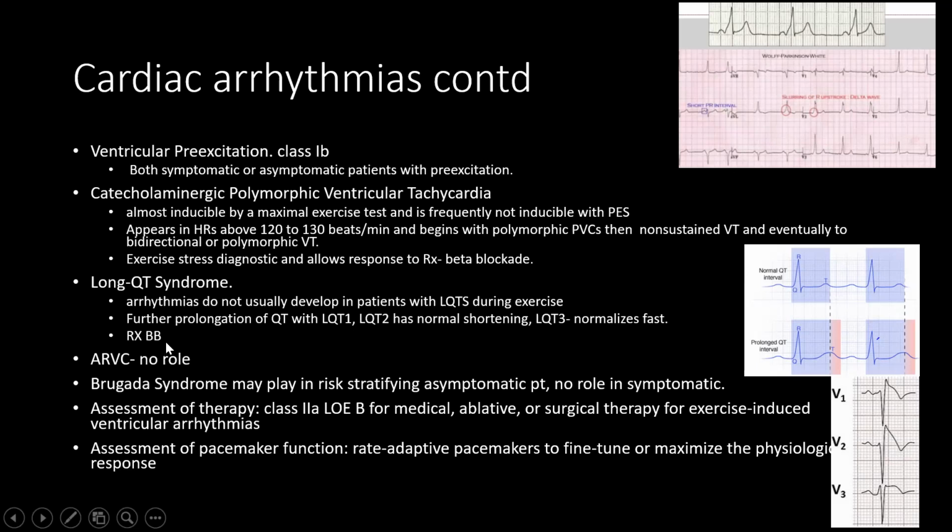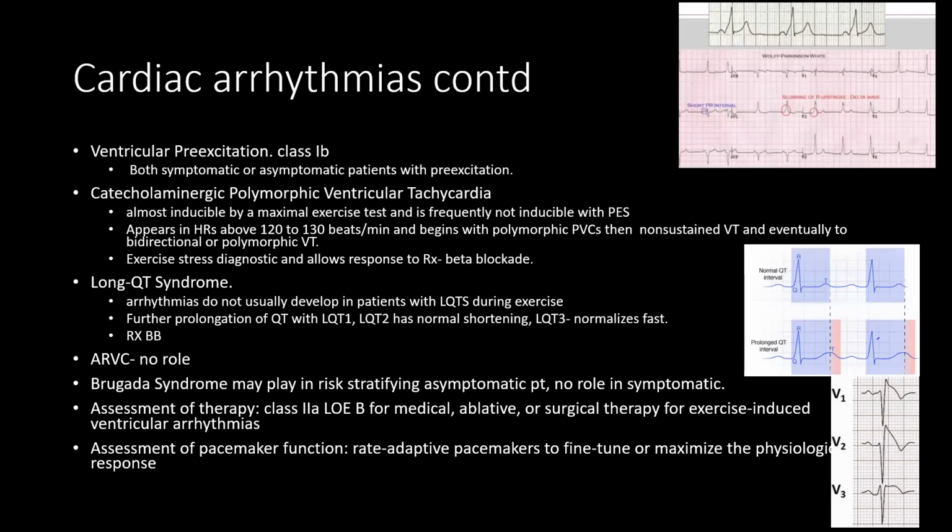The treatment may be given by beta blockers, and that can be observed with exercise treadmill testing. For arrhythmogenic right ventricular cardiomyopathy, there is no role for exercise treadmill testing. In patients with Brugada syndrome, it may play a role in risk stratifying an asymptomatic person, but it has no role in symptomatic patients.